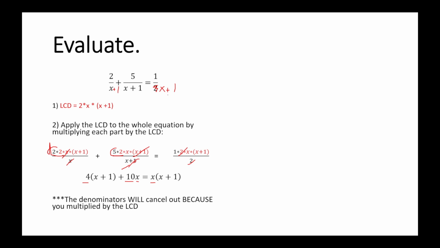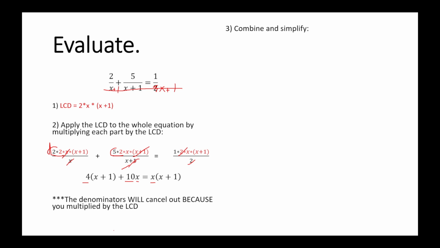They're all the same. If I multiplied each of these by x plus 1, all the denominators would disappear, and all I'd be left with is what's on top. 2 plus 5 equals 1, which is incorrect, by the way, but I'm just trying to make a point.